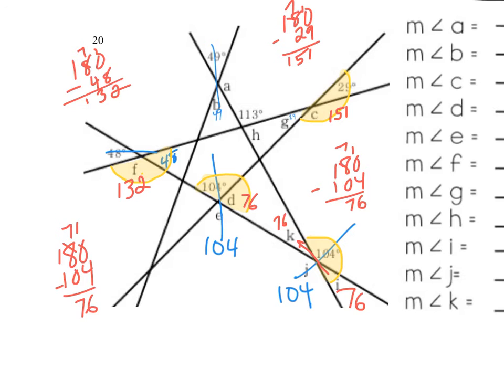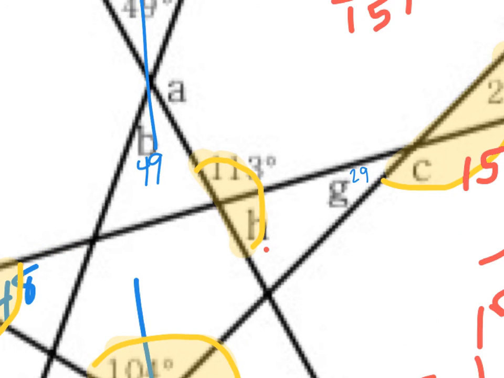Okay. And let's do H right here. So 113 and H are also sitting on a little straight line there. So 180 minus 113. Wait, yeah.